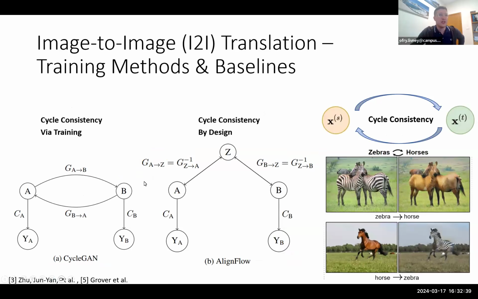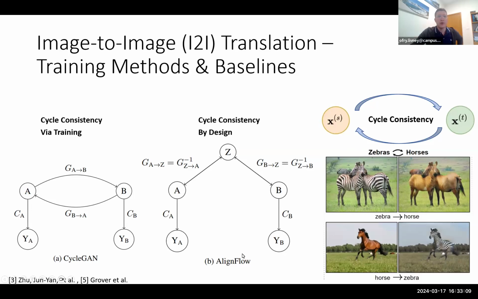CycleGAN was the first method to attempt unpaired domain translation, and it did so by introducing this notion of cycle consistency, which allowed training a generator for both domains simultaneously, while learning how to project a sample from source to target and then reproject it back and attempt to minimize the distance between the original example and its reprojection.